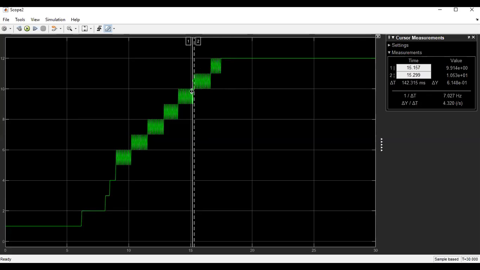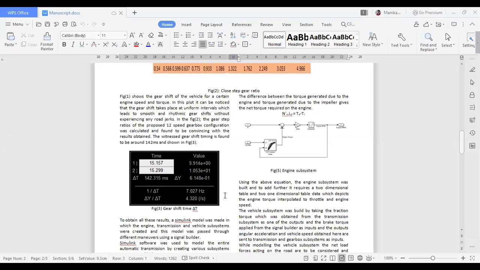The time taken to shift between 10 and 11 is this delta t, which we can find here, around 142.315 milliseconds. Likewise the remaining gears can also be shifted within a very short time of around 140 milliseconds.